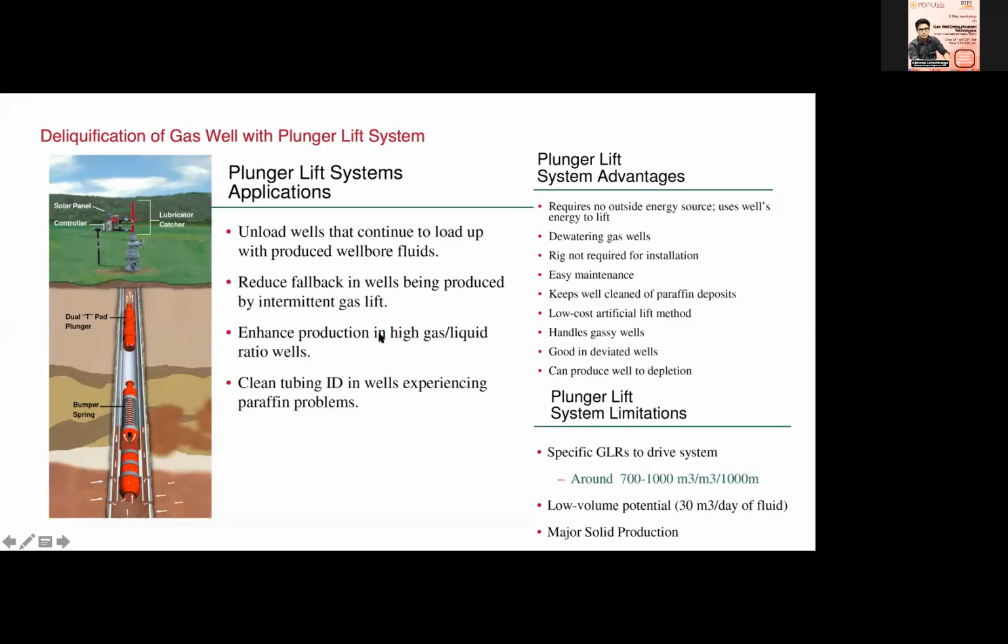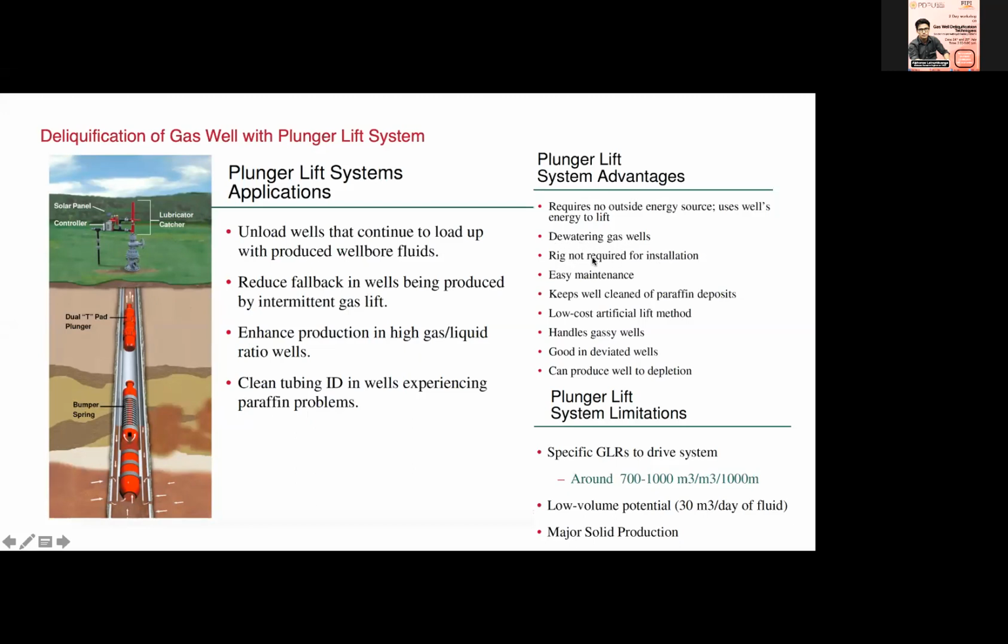It enhances the production in high GLR wells, and it will also clean up some of the tubing ID if there is some paraffin. The advantages include that it has no requirement of external energy. It will use the reservoir energy. It can efficiently dewater some gas wells.